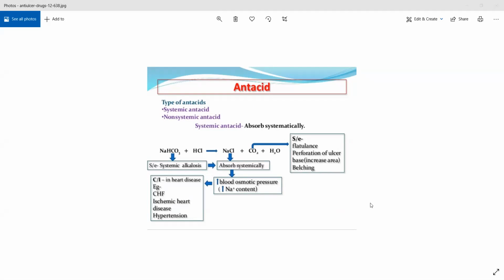Okay, let's suppose the patient's stomach has already been damaged with ulcers, there are already ulcers present on the stomach, you are essentially creating more damage. So that is one problem that can occur with carbon dioxide, with systemic antacids. As it is releasing carbon dioxide, that carbon dioxide will start to hit those ulcers, and whenever it is hitting those ulcers, it will start to perforate those ulcers even more, deepening the damage even more.